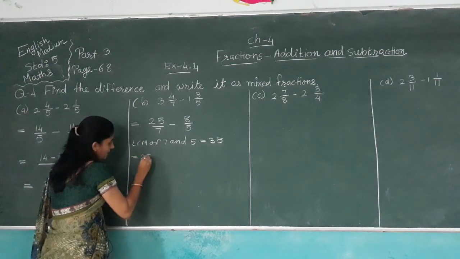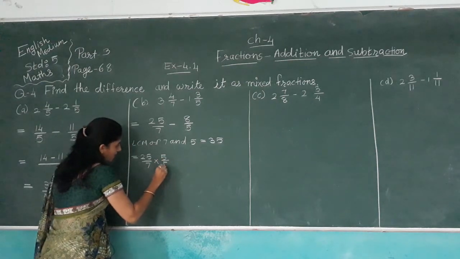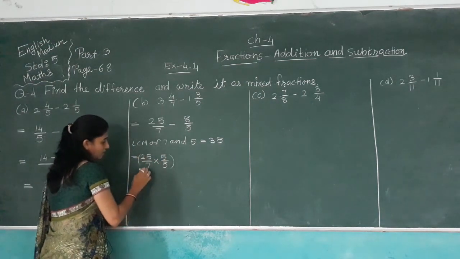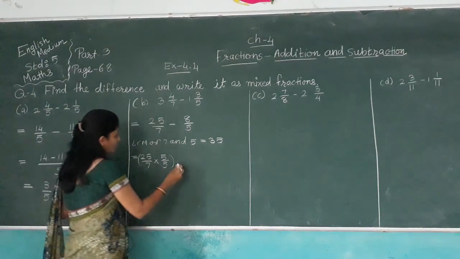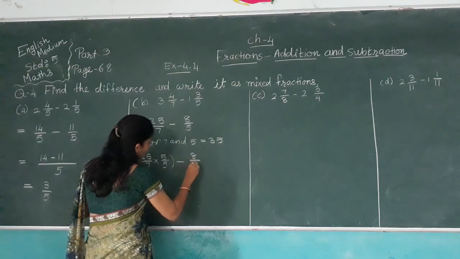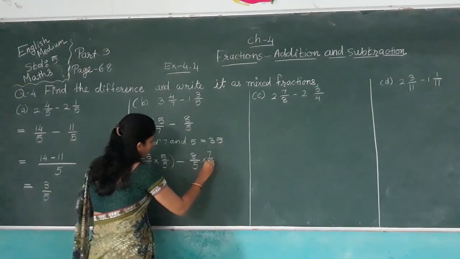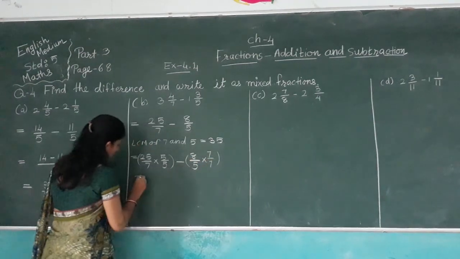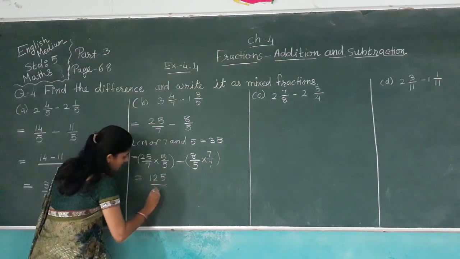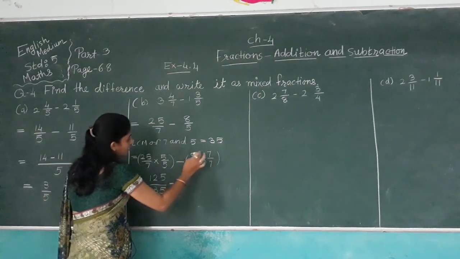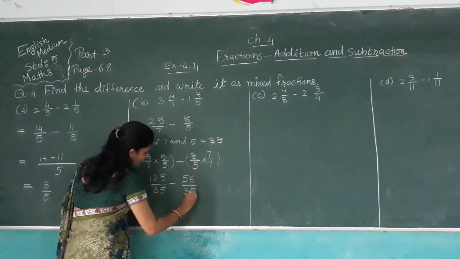Then 25 out of 7 multiplied by 5 out of 5, because we first convert to the same denominator. So 8 out of 5 multiplied by 7 out of 7, which gives 35. 25 5s are 125, 7 5s are 35, minus 8 7s are 56 and 5 7s are 35.